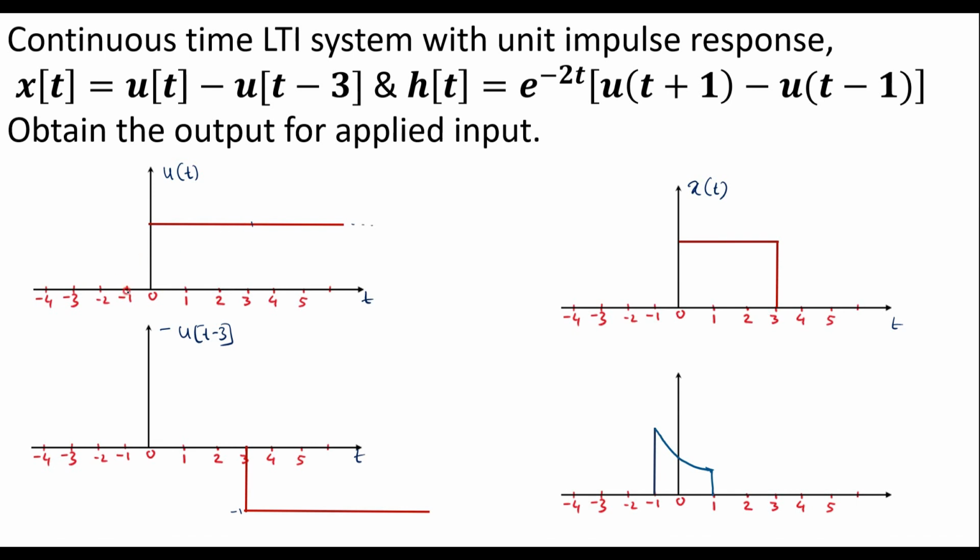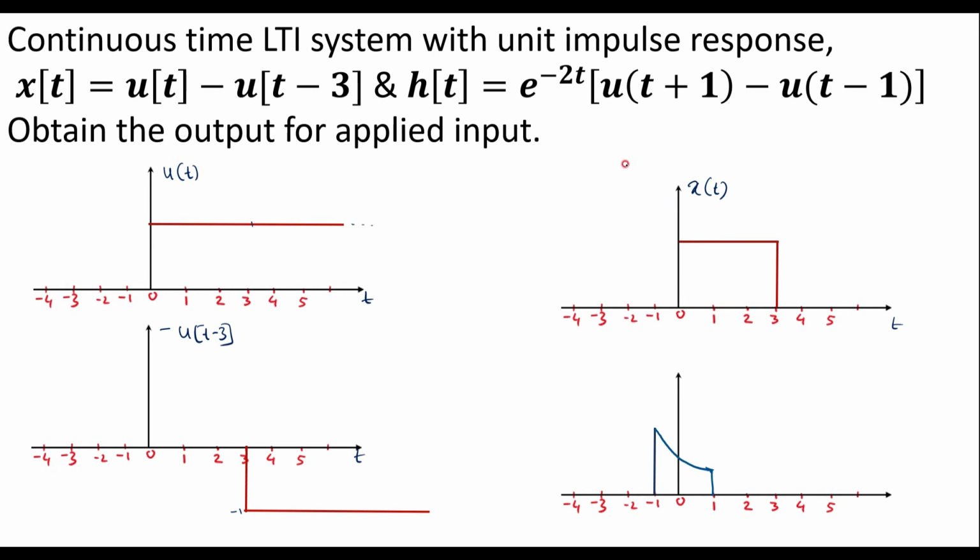We have u of t minus 1, which begins at t equal to 1. Because of negative amplitude it will be downside. So when we add these signals, the unit signal will appear from minus 1 to plus 1.